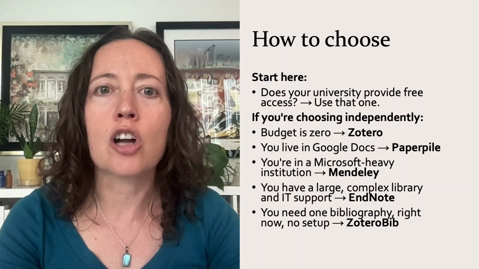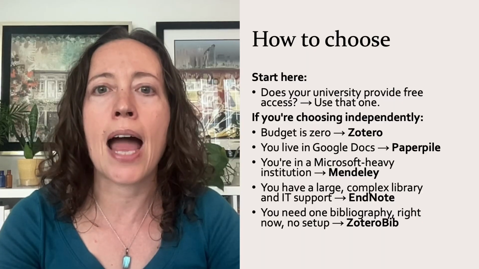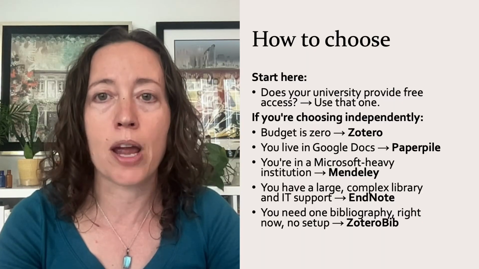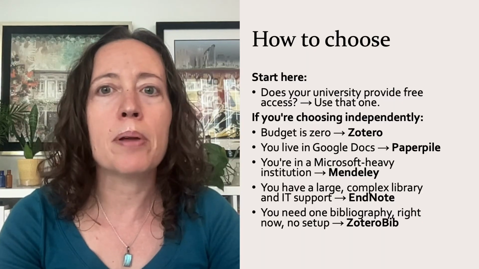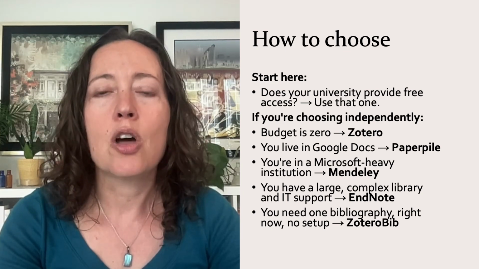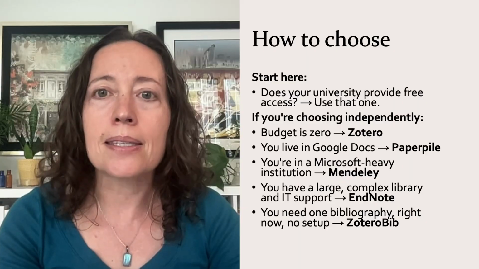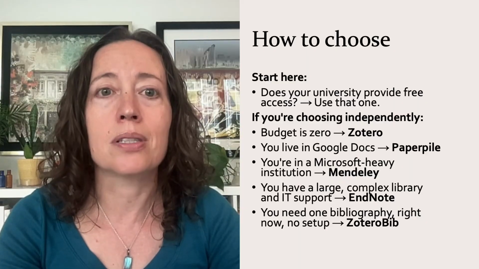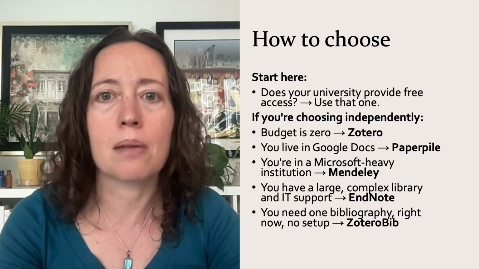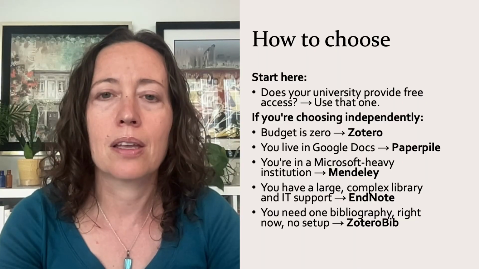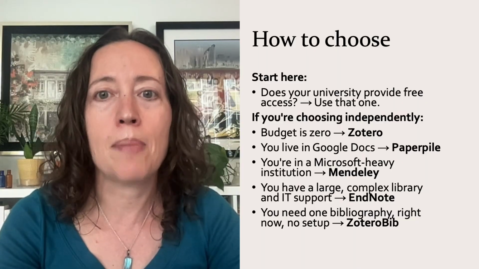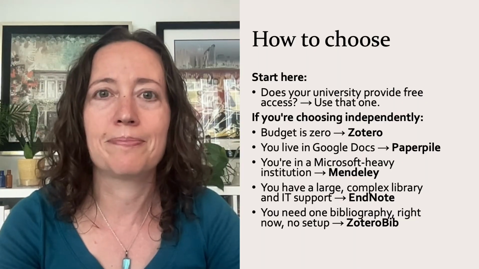And if you have a large, complex library and institutional IT support, EndNote earns its price. If you just need one bibliography right now with no setup, Zotero Bib takes about 30 seconds. The best citation manager is the one you'll actually use consistently. Don't let the perfect be the enemy of the functional.